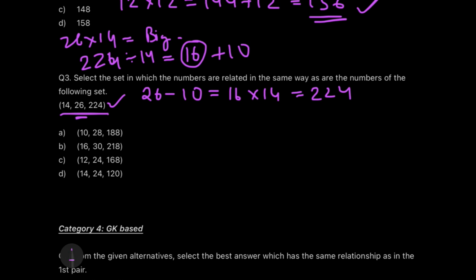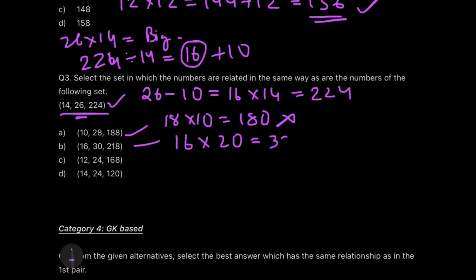This is working right now, but we need to check it with the other options as well. If I check it with the first option, it will be 18 into 10, that is 180, not matching with 188. If I check it with option B, 16 into 20 is equal to 320, again not matching.